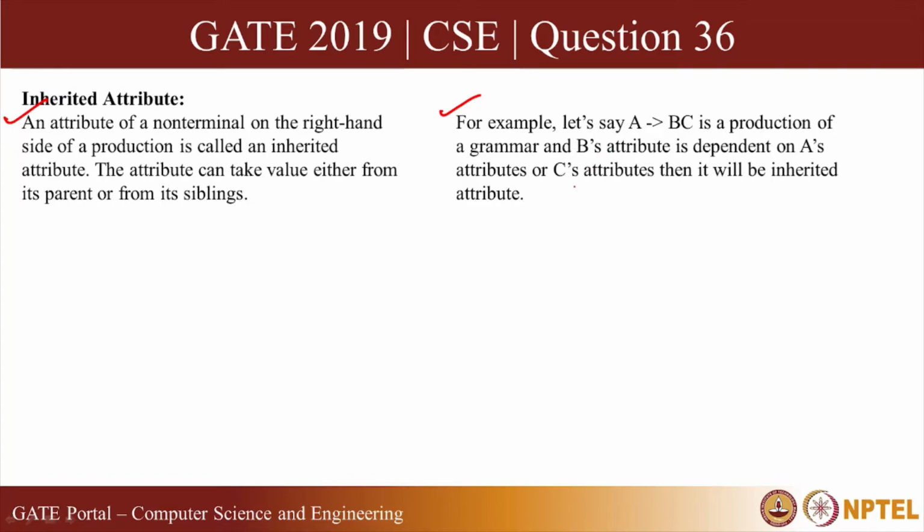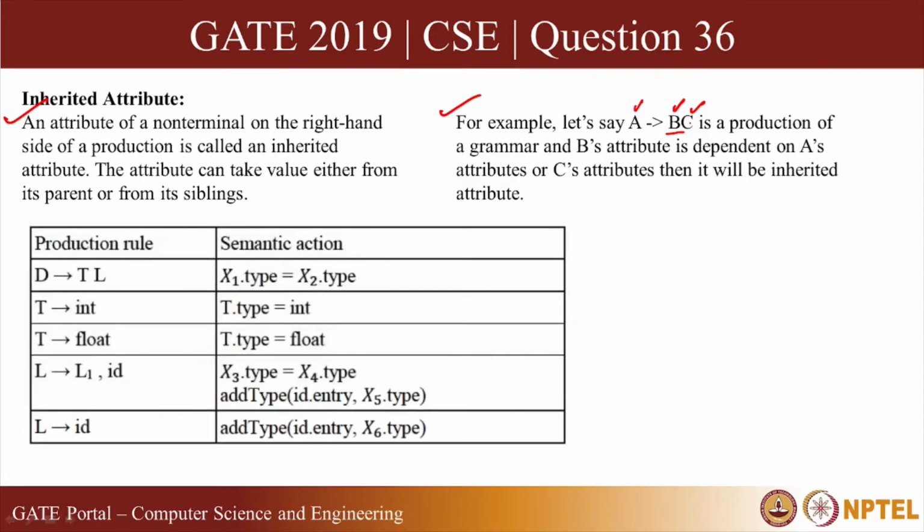All the attributes of A or all the attributes of C. So here B is a non-terminal where all the attributes of B are dependent on its parent's attribute or its sibling's attribute. Then B will be called the inherited attribute, because it takes all its attributes either from its parent or siblings.